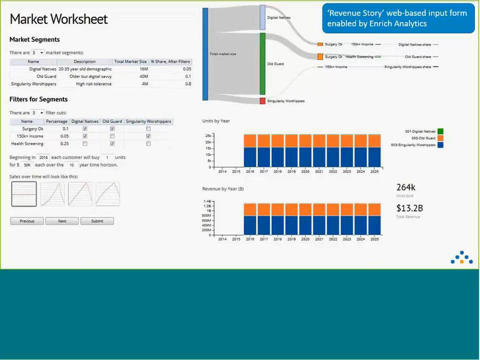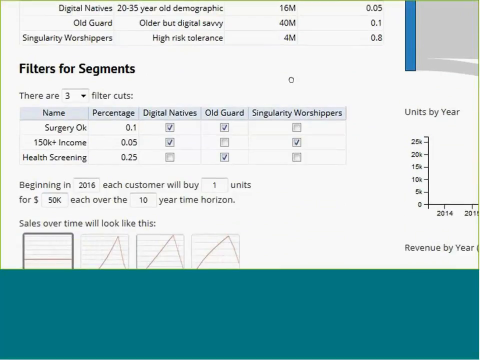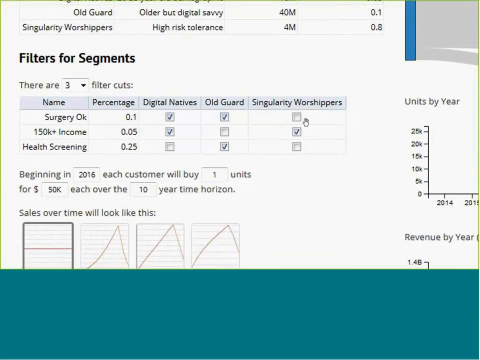Let's look in the top right corner first. Here we have the market segments defined for this particular product and the size of each of those segments and the share that those segments will receive after all other filters have been applied. Here you have the next set of filters that show the number of folks on a percentage basis who would be acceptable for surgery, those who meet the income screen, and those who meet the health screen.